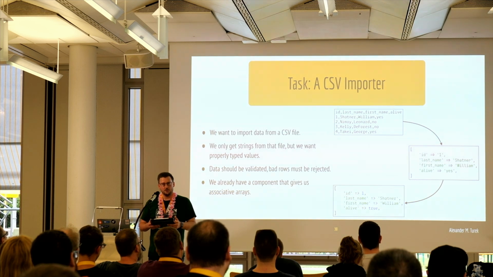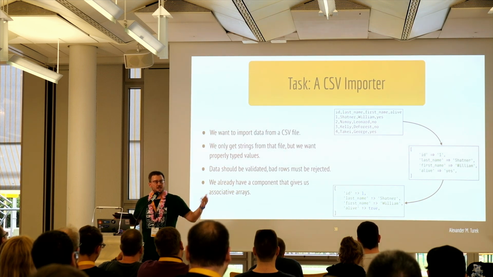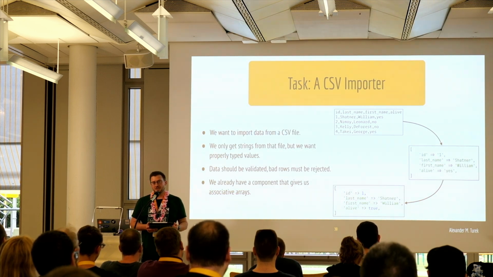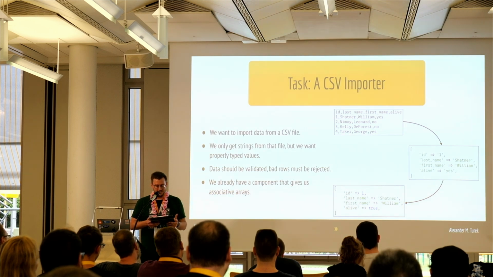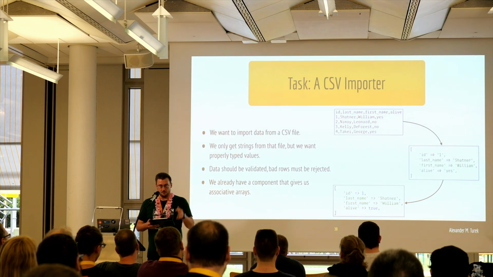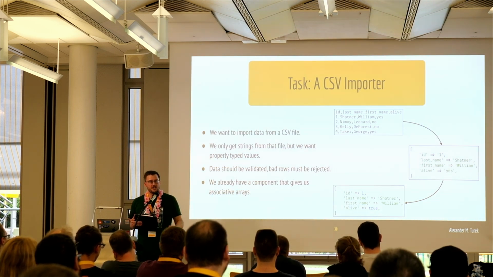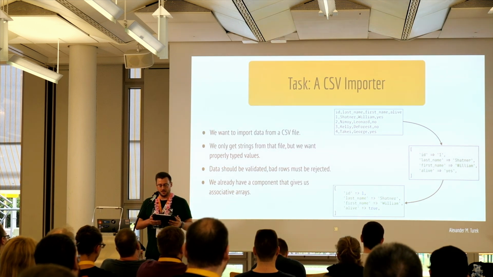We want to import data from a CSV file, and this CSV file probably has a lot of different columns with varying quality, I would say. I will make this file brief here, but you could imagine that such a data importer could get really large.